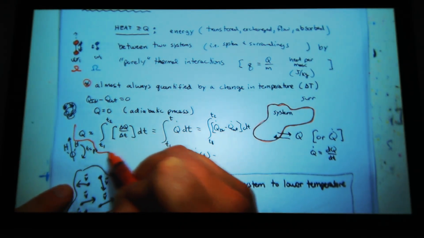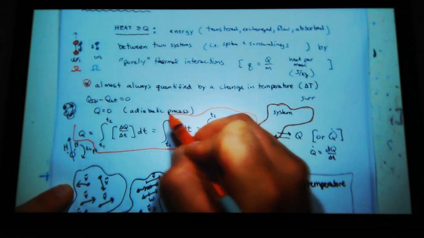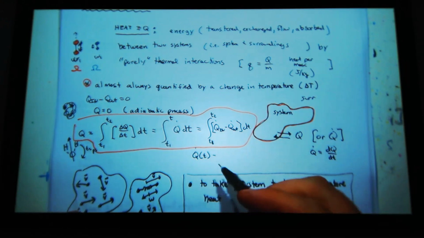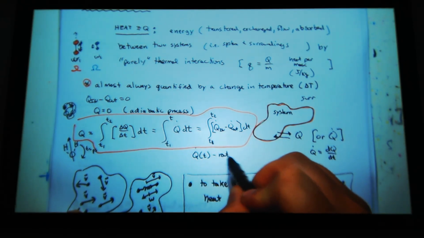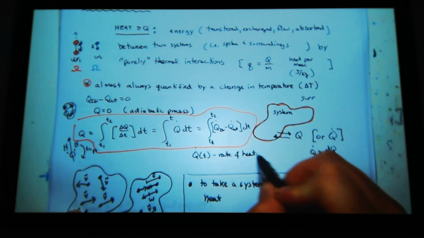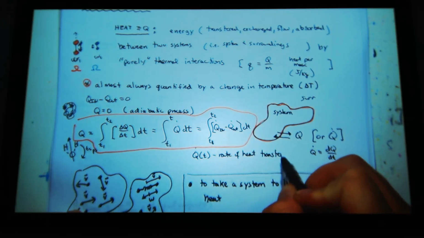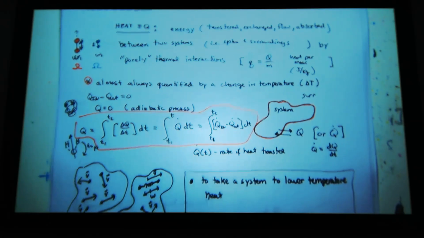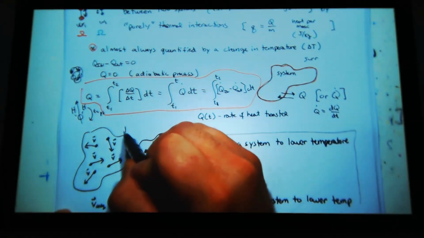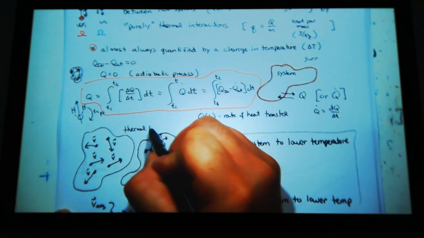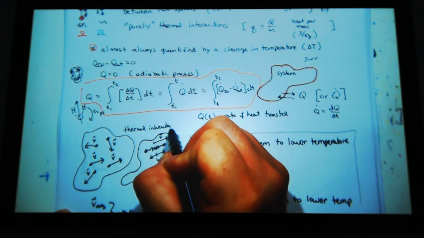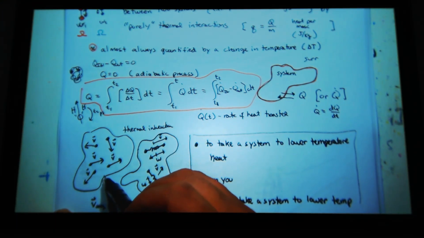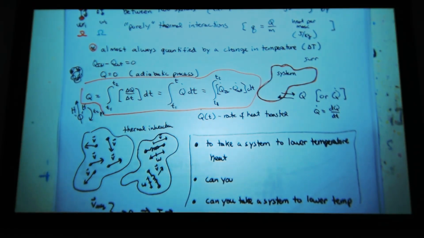Okay, so let's get back to this. So I have this expression, and this is the rate of heat transfer. And then this is an example of thermal interactions. So I could think of velocities, and corresponding with this, I have some average velocity.